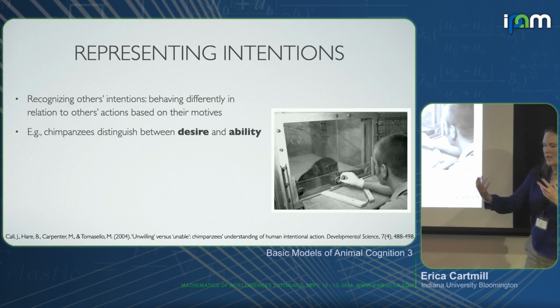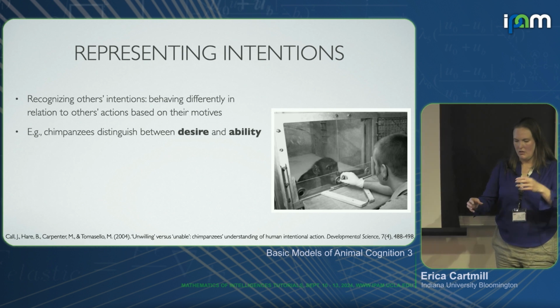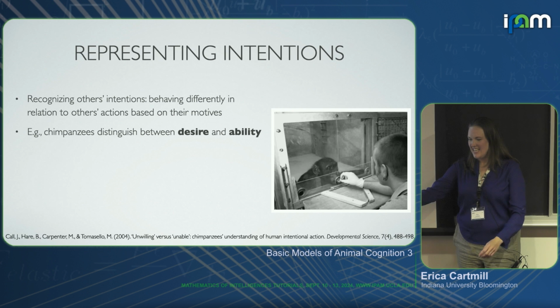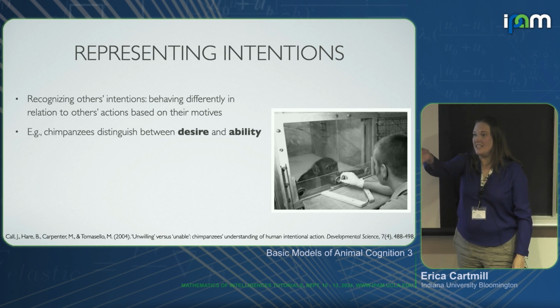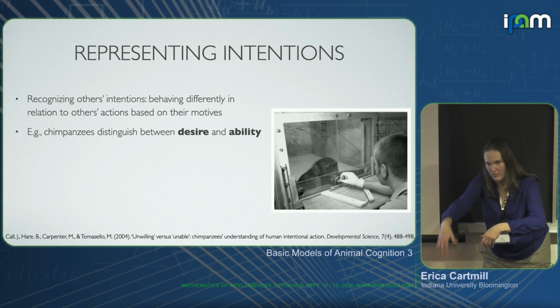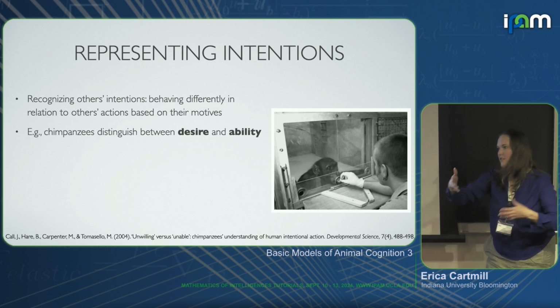Just to give you one example, I have a bucket of grapes and I take a grape and I look at you and I eat the grape. Versus I take a grape and I hold it out to give to you, but I drop it and it falls behind the desk and I can't reach it, and I'm trying to reach it to give to you, but I can't.